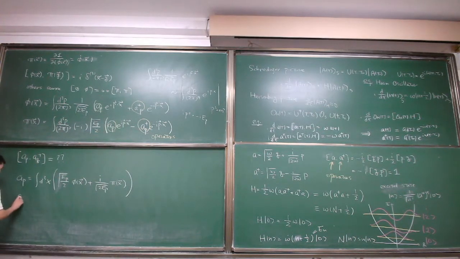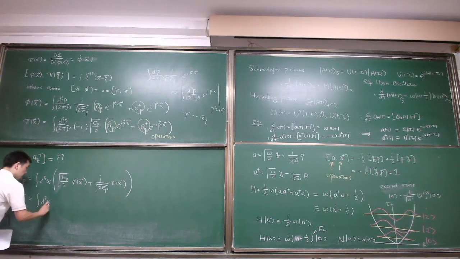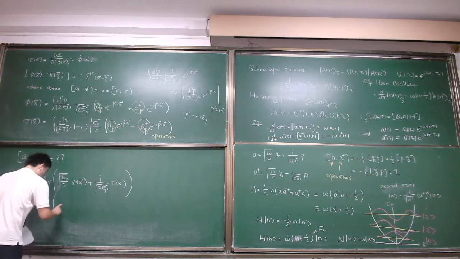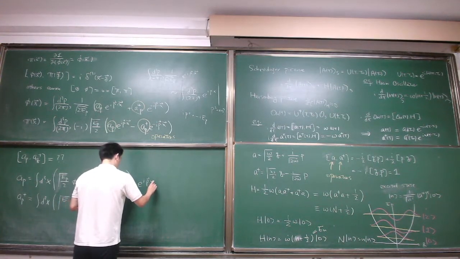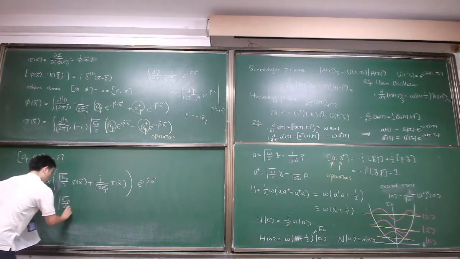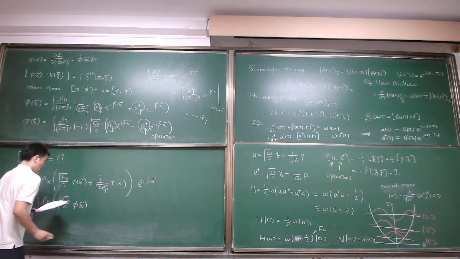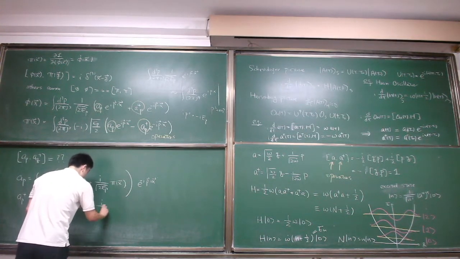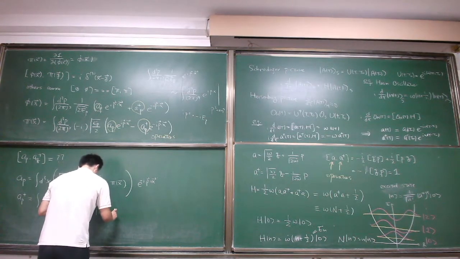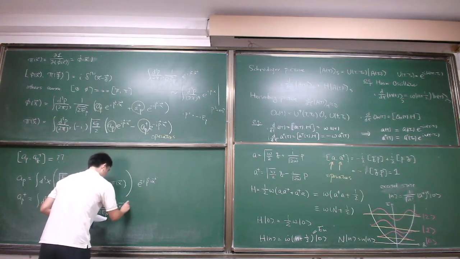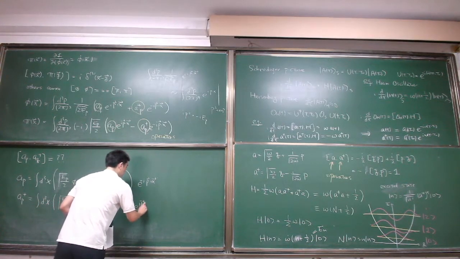The same thing happens for a_p dagger, which is the integral d^3x e to the minus i p x, with phi of x minus the pi term.